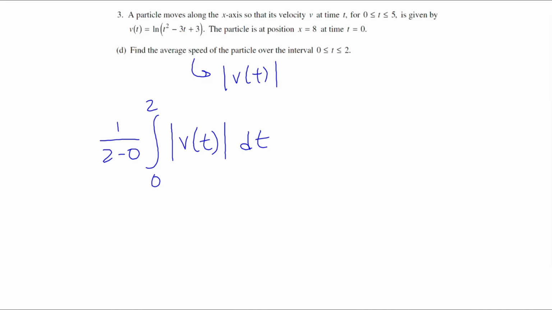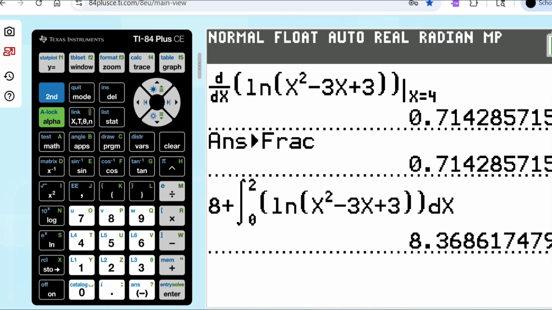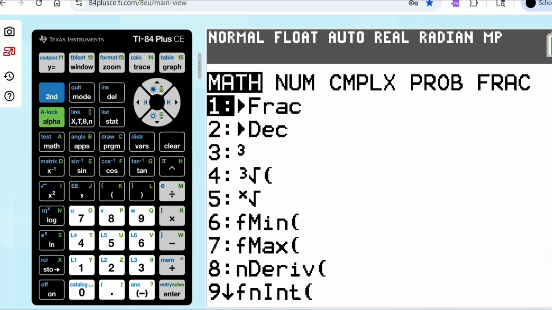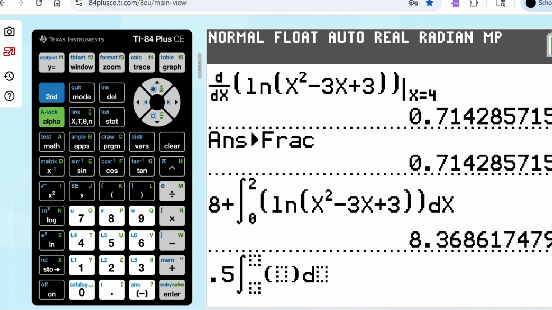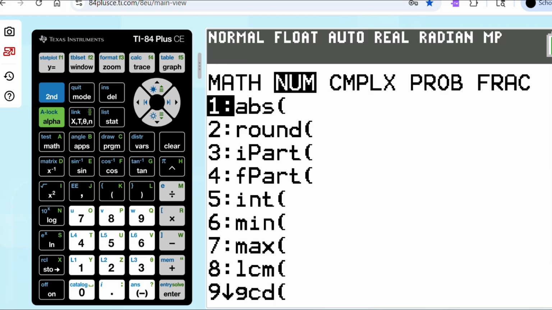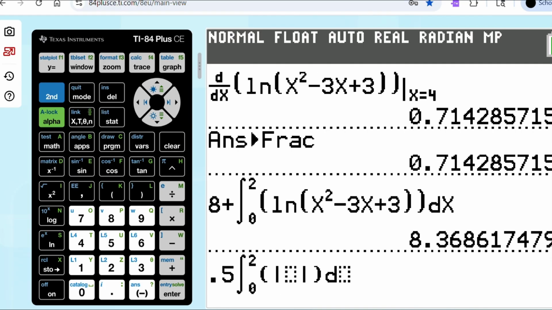And so since, again, this is a calculator question, we'll just go in and put a 1/2 out in front. That's the same as 0.5, so I'll just put 0.5. Math, option number 9 for an integral from 0 to 2. We want absolute value of this natural log function, so we hit math, and we go over to the second column for absolute value, number 1 there.